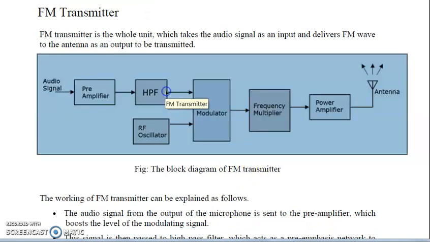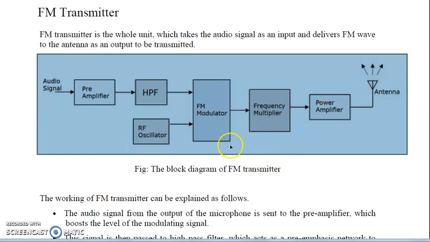So this is the block diagram, and in this block diagram, this is the actual input audio signal to the FM transmitter, and after completing the modulation process, it has to be made such that it can travel through the channel or waves at the end of the antenna.